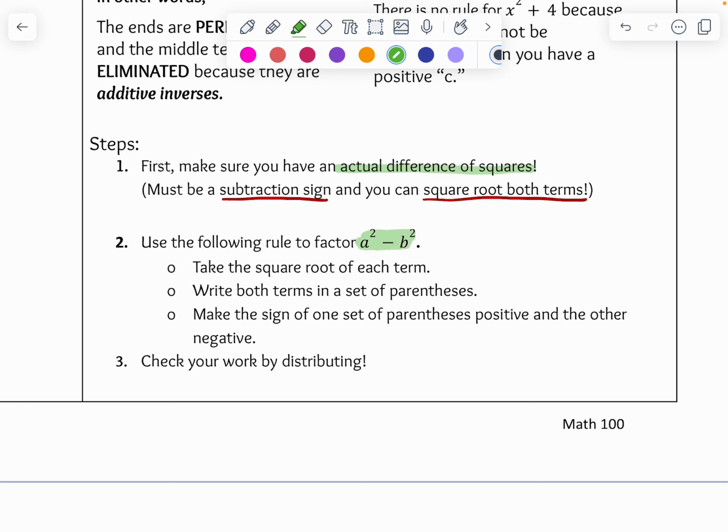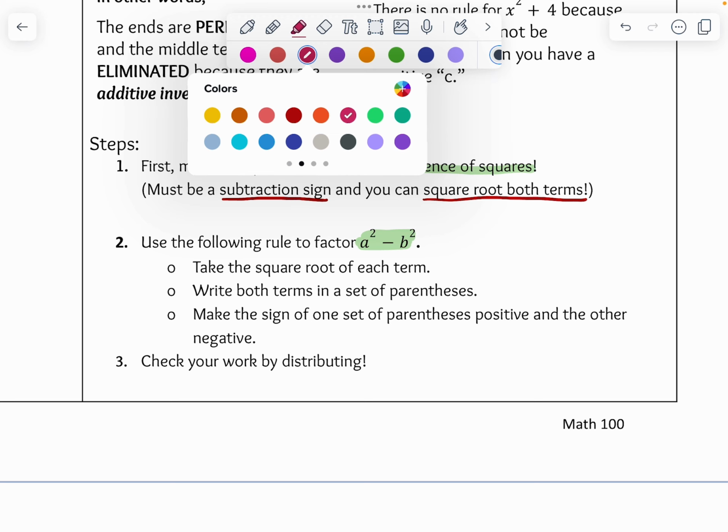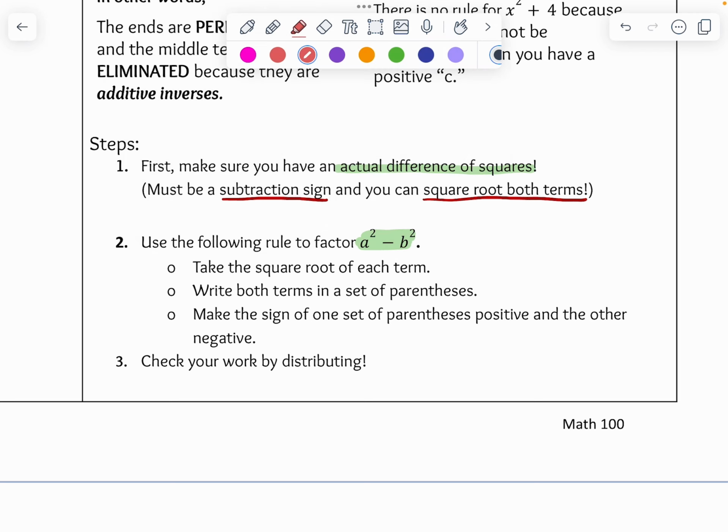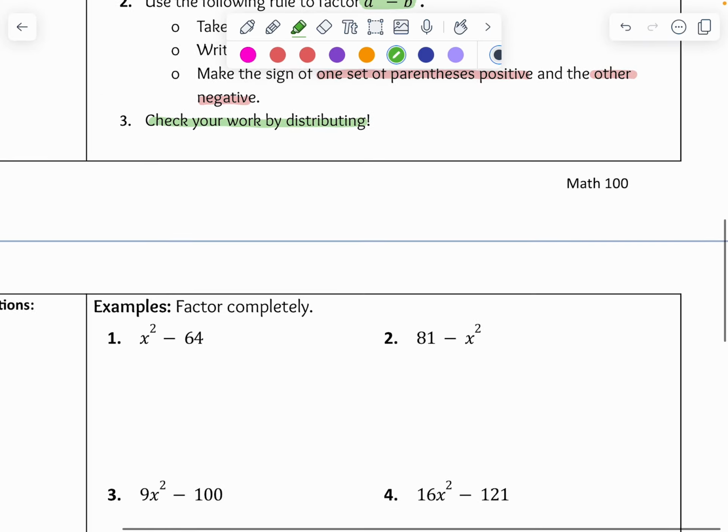You're going to take the square root of each term, write both terms in a set of parentheses, make the sign of one set of parentheses positive and the other negative. And then you can always check your work by distributing again and make sure you got that original answer.